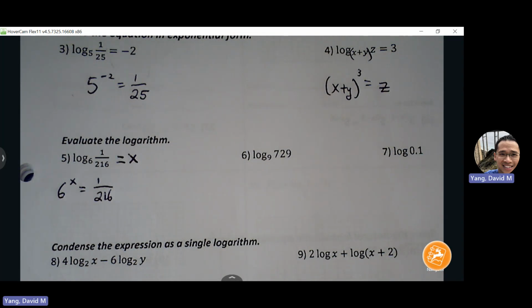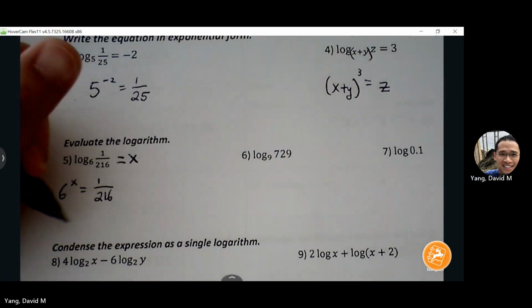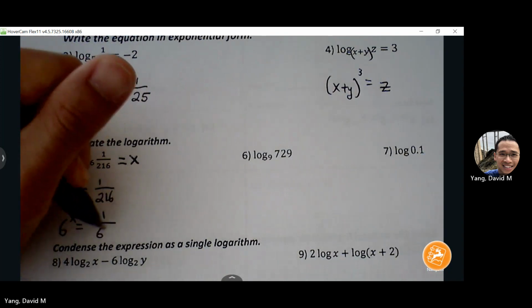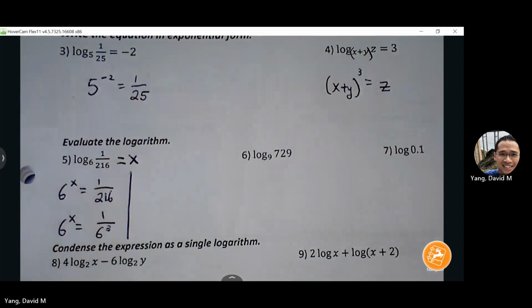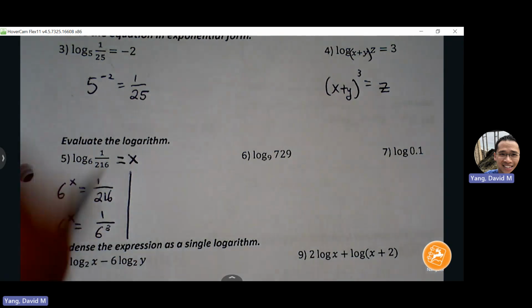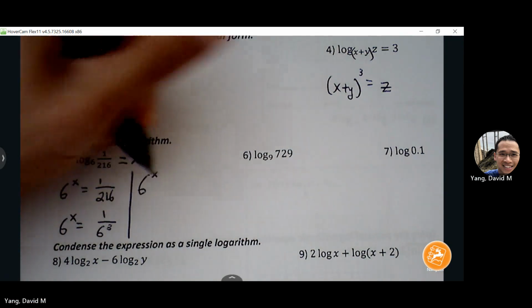The 216 is something that you can represent in terms of 6. But notice that the 216 is in the denominator, 6 to the third is in the denominator. So if I want to bring that 6 up to match the bases, the exponent has to turn into a negative.